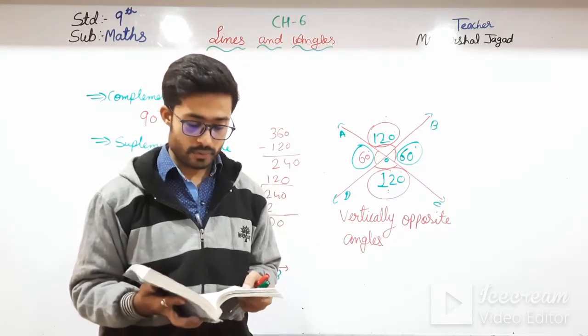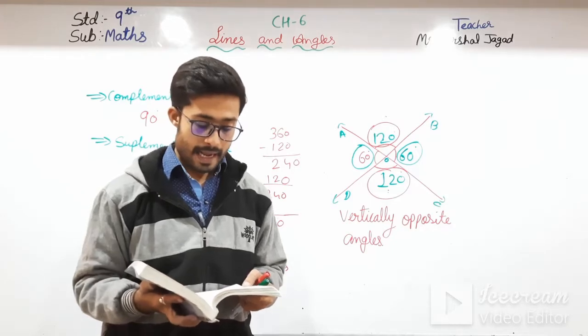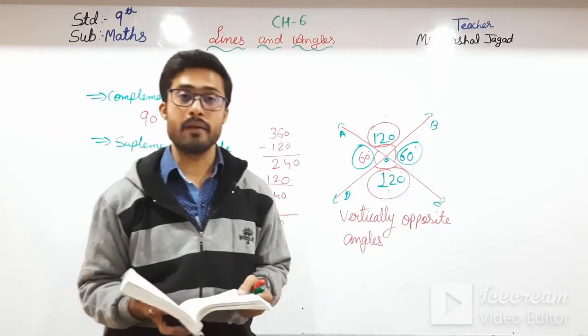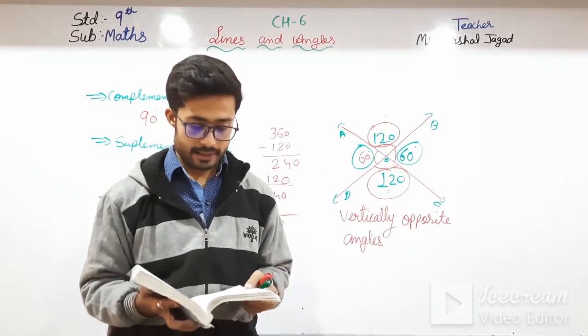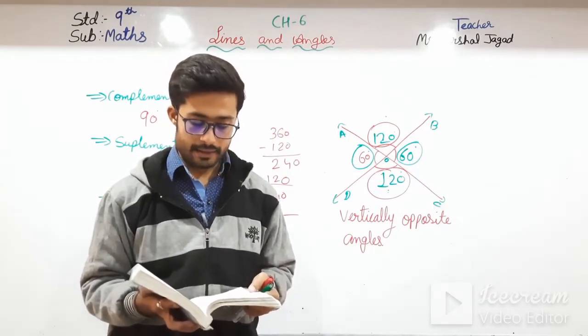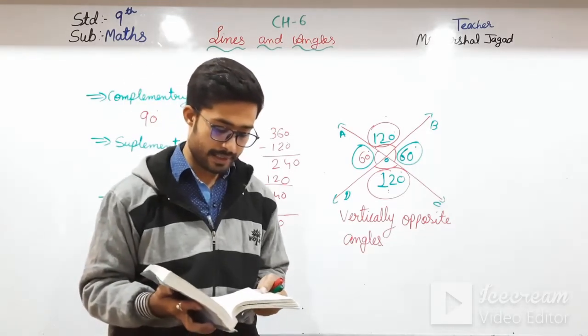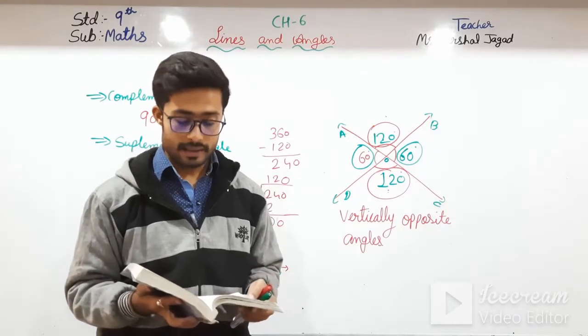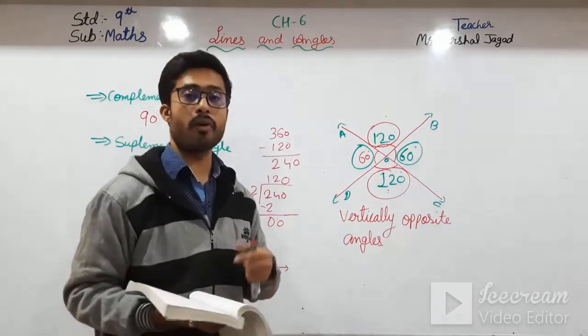They lead to two pairs of vertically opposite angles, namely angle AOC and angle BOD, angle AOD and angle BOC. We need to prove that angle AOC is equal to angle BOD and angle AOD is equal to angle BOC.